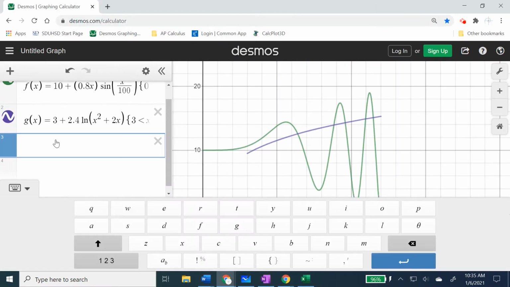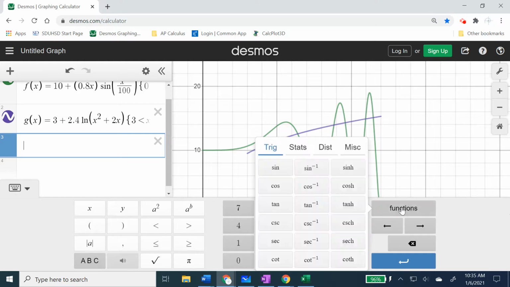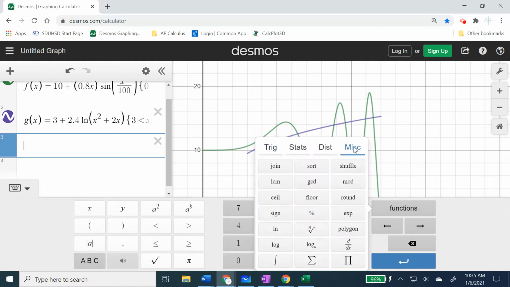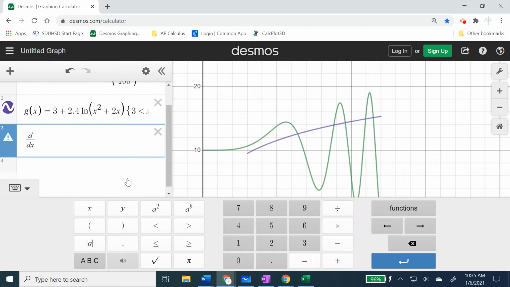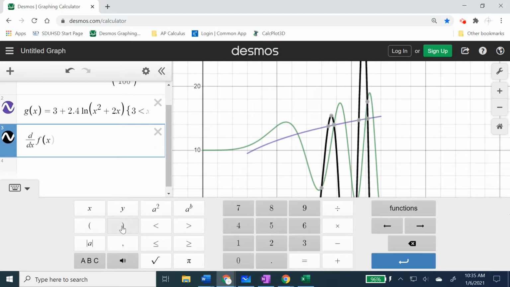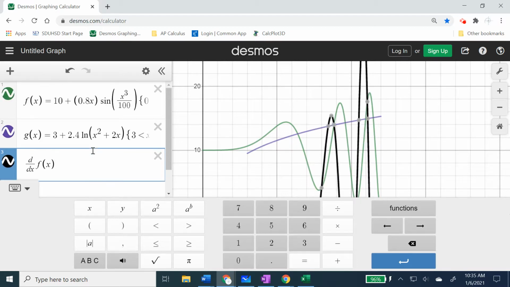And with Desmos, I can nicely just say, I want you to take the derivative by going over to miscellaneous, d/dx of, and I had said f of x, I named my function f of x so that I could nicely take the derivative.